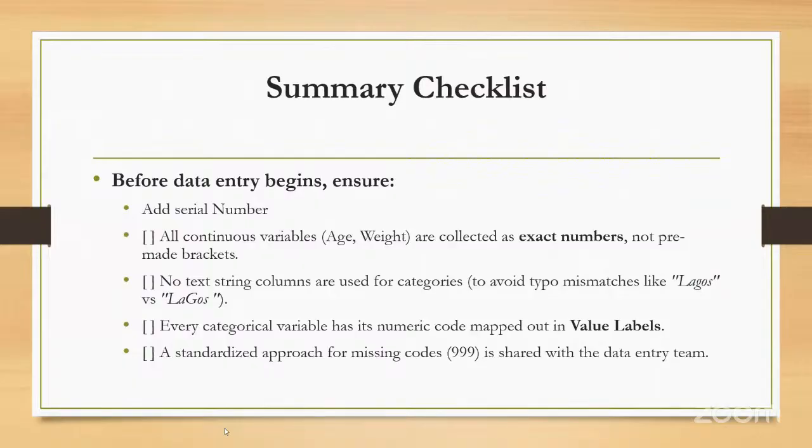Then every categorical variable usually should have its numeric code that you map out in the value labels, like I demonstrated earlier. Okay.